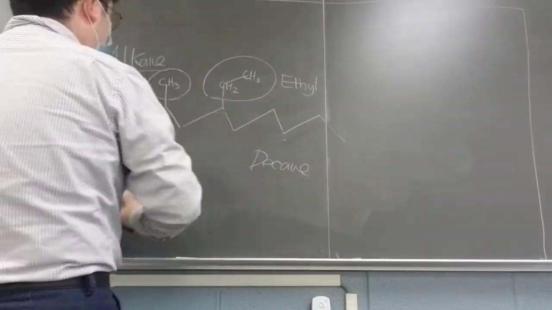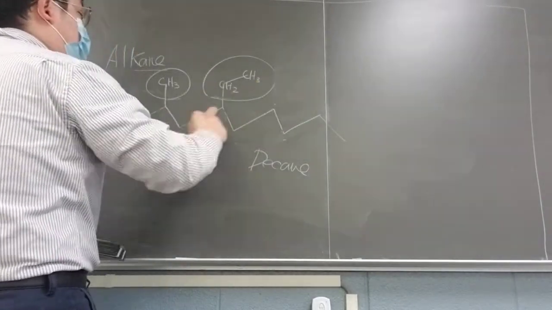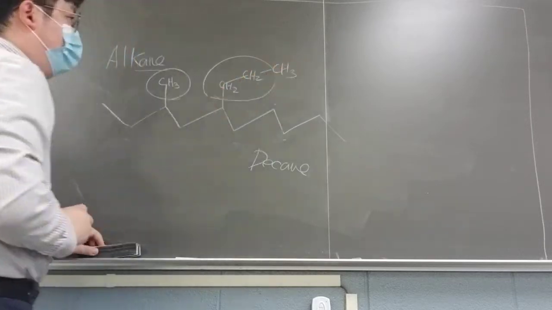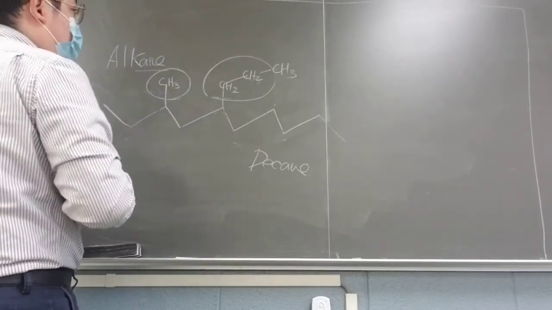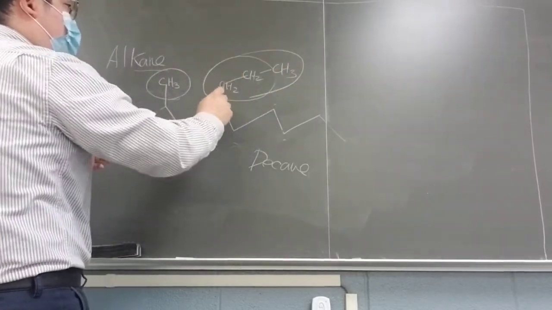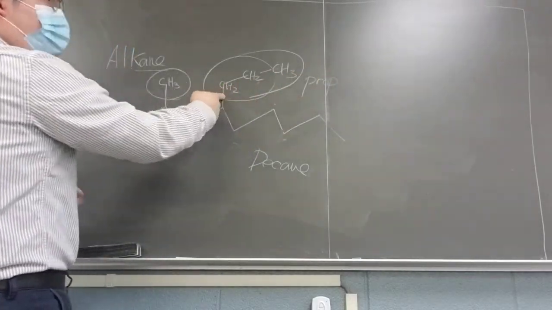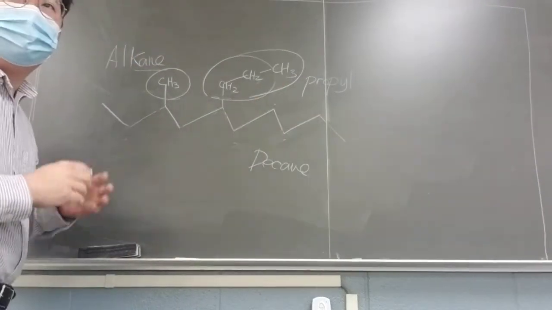Okay. So if we have now 3 carbons here instead, in this case, this is going to be prop, but we're gonna put what? YL, right? So propyl.